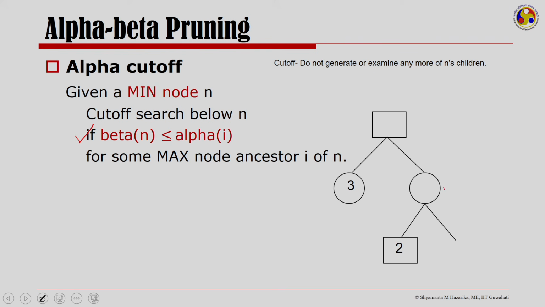Now, this is a min node, so it is guaranteed that it will have something which is less than or equal to 2. This is a max node, it will have something which is guaranteed to be greater than or equal to 3. So that is greater than or equal to 3, that is less than or equal to 2. Under such a scenario, if I am coming along this path, then I can only have things which are a maximum of 2.